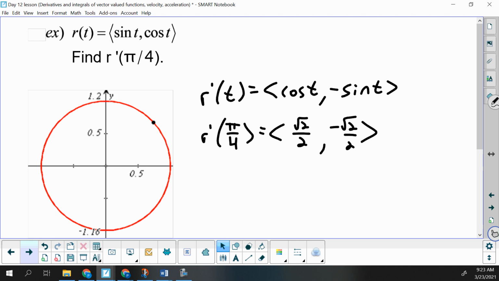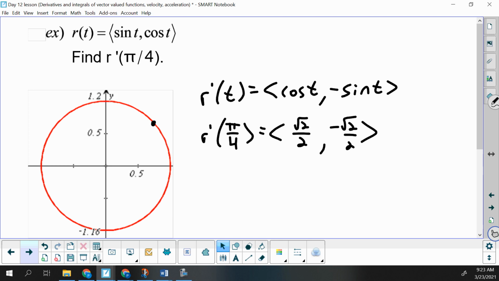So if we were to plot our velocity vector, from the point on the function at pi over 4, we would go right square root of 2 over 2 and down square root of 2 over 2. So it would go right, and then it would go down.